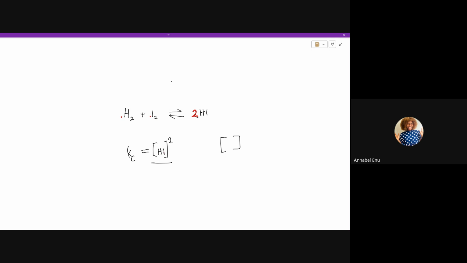And then remember we said it is the ratio of product to reactant. So you see that at the top we are starting with the product. So it's more like this ratio, then the concentration of hydrogen, and then the concentration of iodine.